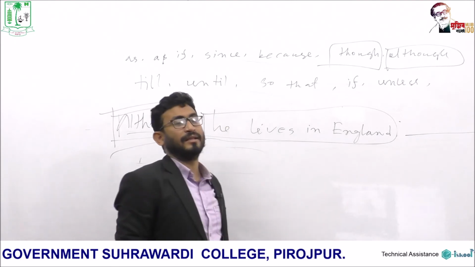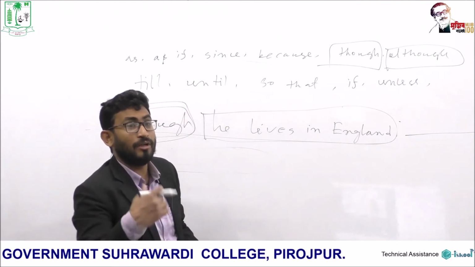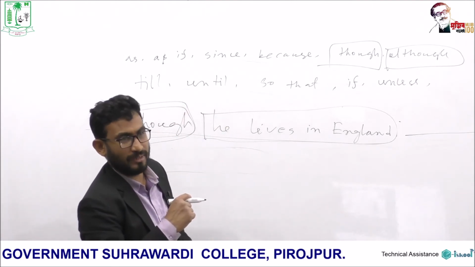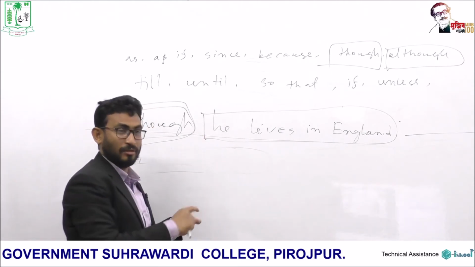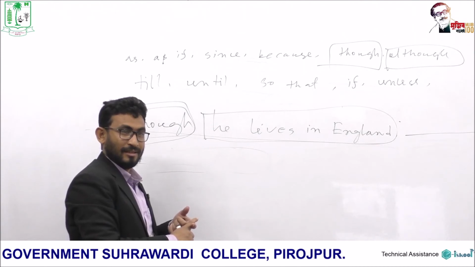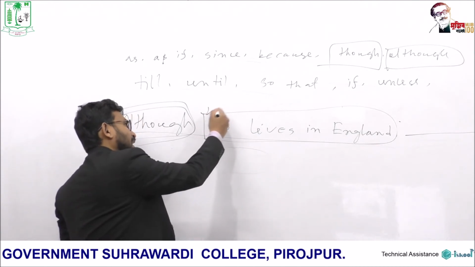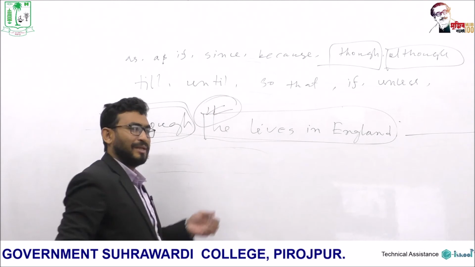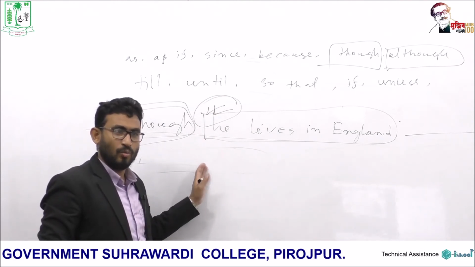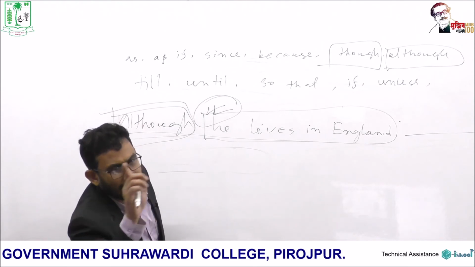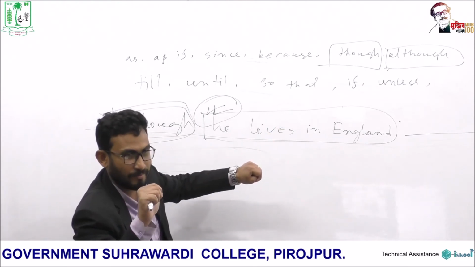But how will you decide what kind of clause it will be? First you have to identify what kind of sentence you are going to write. And the very clause or the very words or phrase given in the question will indicate what kind of sentence you have to write.